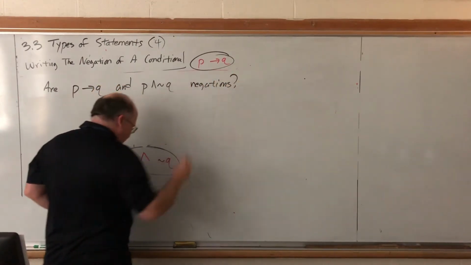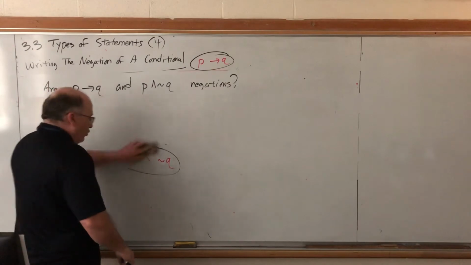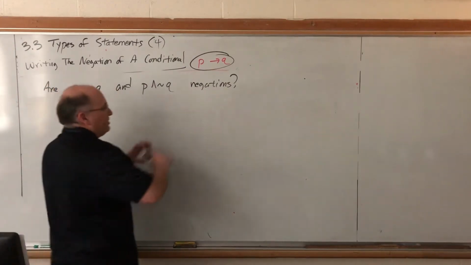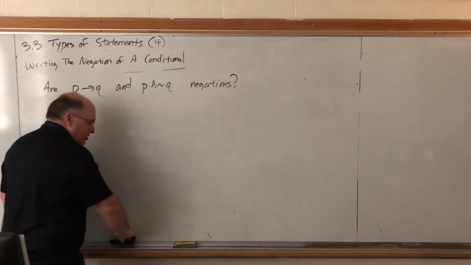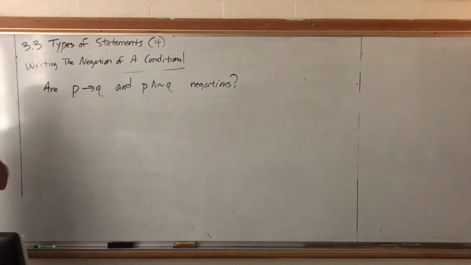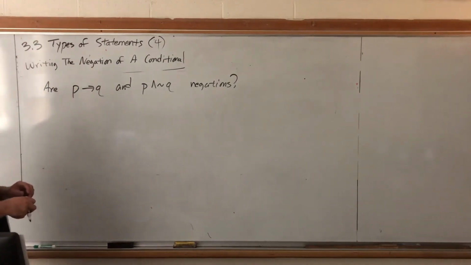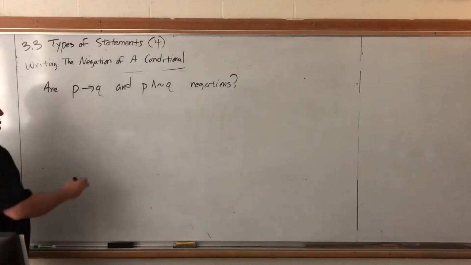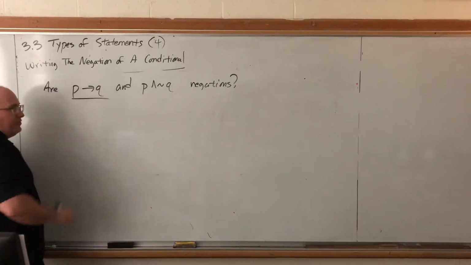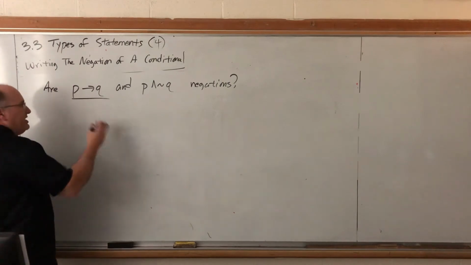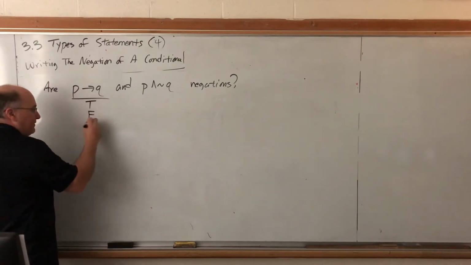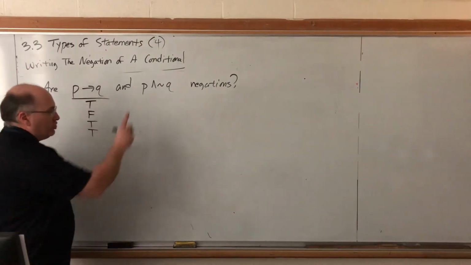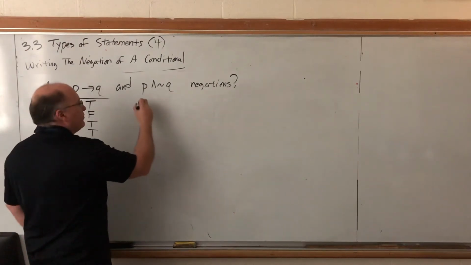That's what the last example is suggesting. But remember, it means something to be negations. It means that you always have opposite truth values, which means the last columns in your truth tables should be opposites. Now, you don't need to make the truth table for this one. It's one you need to have memorized. It's TFTT.